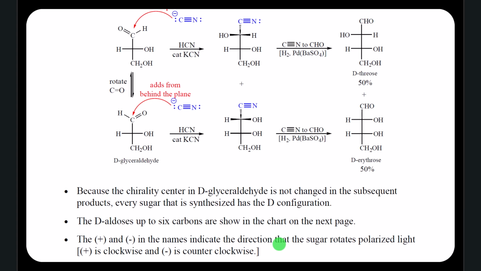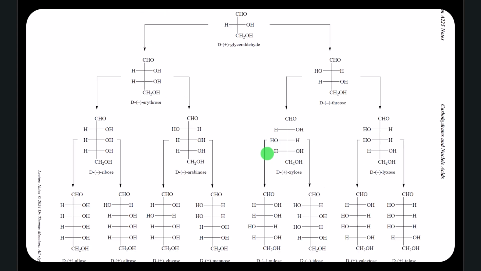It's determined experimentally, and the important thing is that each enantiomer will either be a plus or a minus, but the diastereomers each can have their own unique relationship of the enantiomer to the direction that light is rotated. Let's take a look then at this chart.